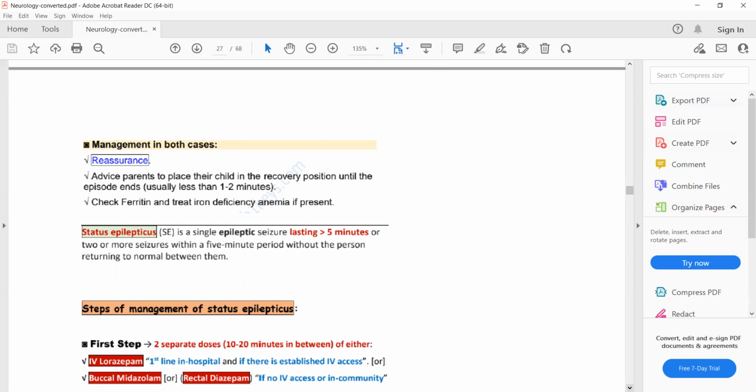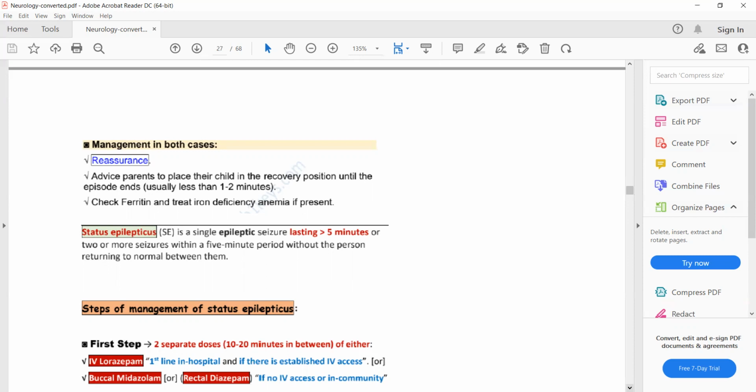So either a single episode that lasts for more than 5 minutes or 2 or more seizures within a period of 5 minutes without the patient returning to normal is called status epilepticus.